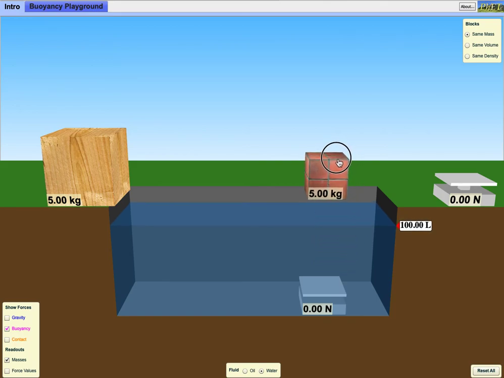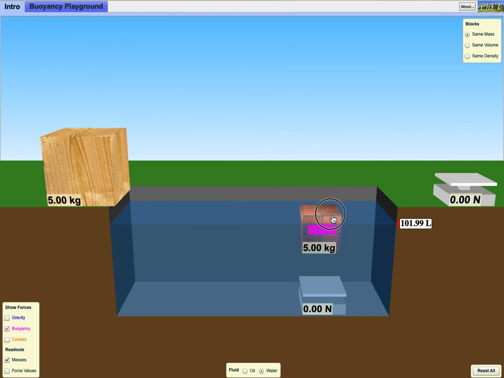This buoyant force depends on how much of this block is submerged in the water. If you have a small amount of the block submerged, in this case only 0.57 liters, then there's a small buoyant force. As you increase the amount that's submerged, the buoyant force increases.